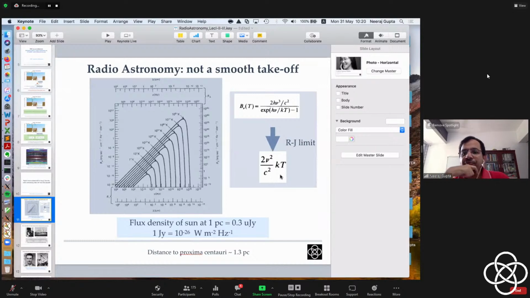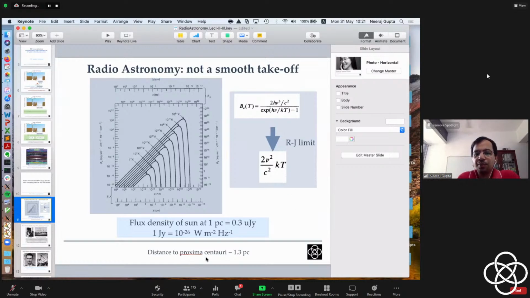But before proceeding further, let us try to understand, if we are looking at thermal objects, what strength of signal we are anticipating from them. If you look at the Sun, it's a black body, and if we take the Sun and put it at 1 parsec, why is 1 parsec of interest here?